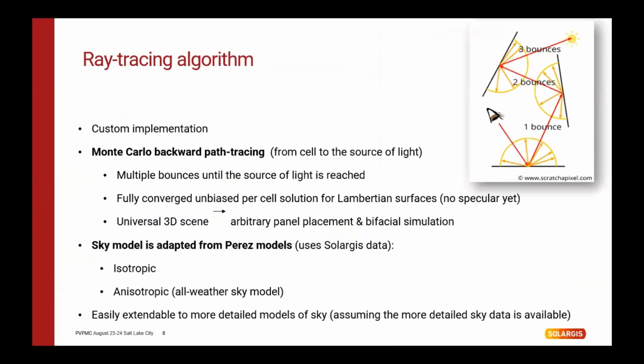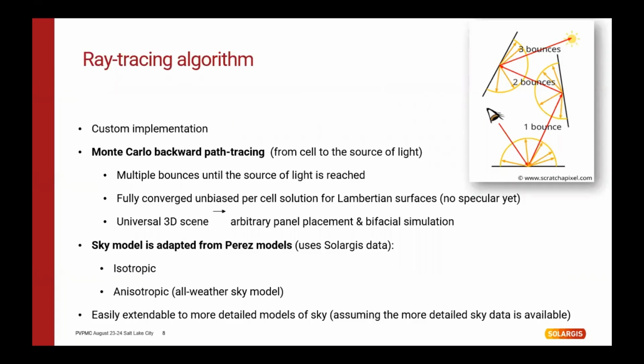The core of the optical part of this system is the ray tracing algorithm. It is a custom implementation of this method, used for calculation of the irradiance on an arbitrary surface. We do calculations at the level of individual cells of the PV modules.